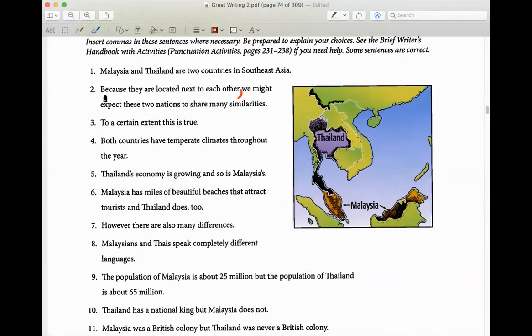Remember, this kind of sentence, this example here, this is the only time you can really use because at the beginning of a sentence, when you have two clauses here. Like, you can't just say because they are located next to each other, right? That's not a full sentence. It's not a complete thought. In this case, it is a complete thought because we continue it and give this independent clause. We might expect these two nations to share many similarities.